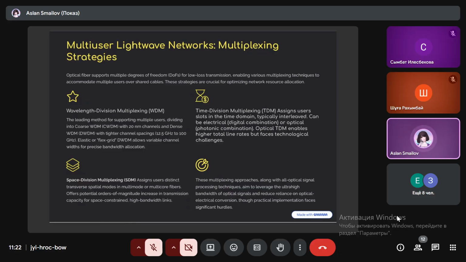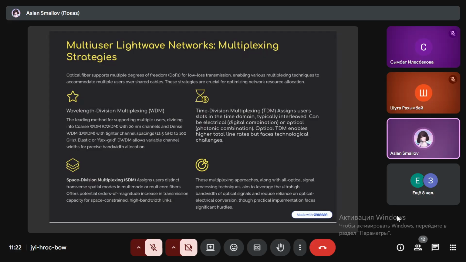It's SDM, space division multiplexing. It assigns users distinct spatial modes in multimode or multi-core fibers. It offers potential orders of magnitude increases in transmission capacity for space-constrained, high-bandwidth links.